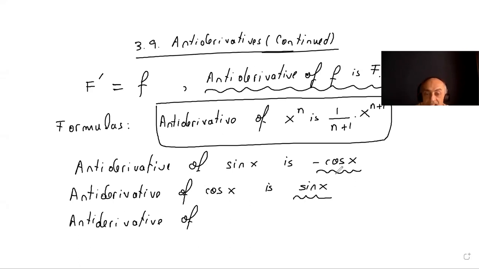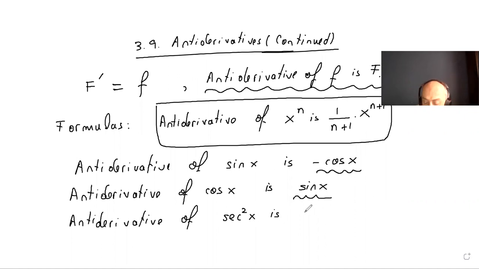Rather than worrying about those technicalities, which is more or less the job of a calculus 2 instructor, I'm just going to say the antiderivative of secant squared x is tangent x, and I'm going to leave it at that because that's what they do in the book. So in the book they don't worry about 1 plus tangent squared and things like that. That's what secant squared is, 1 plus tangent squared.